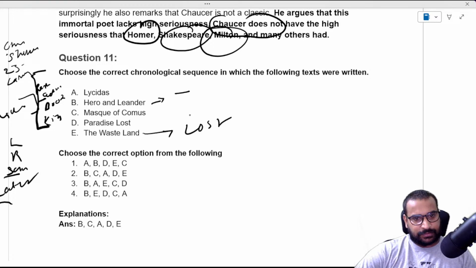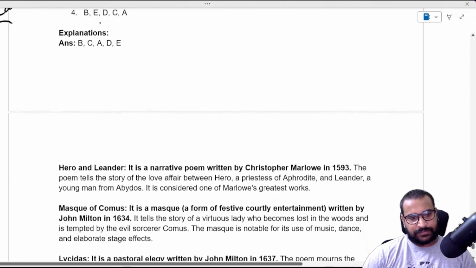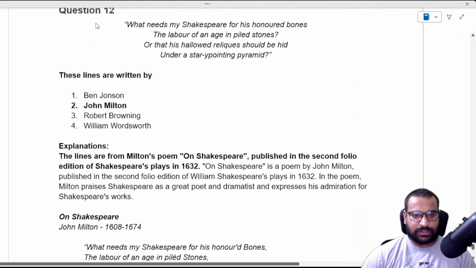So we can just put before Lost, this first, then we have Lost, then we have Lycidas. Hero and Leander would be in the earlier. So by Marlowe, we can just put this first, and through that you can easily answer. Right, very easy to remember if you know the code.